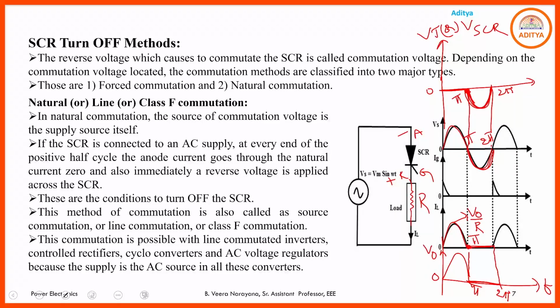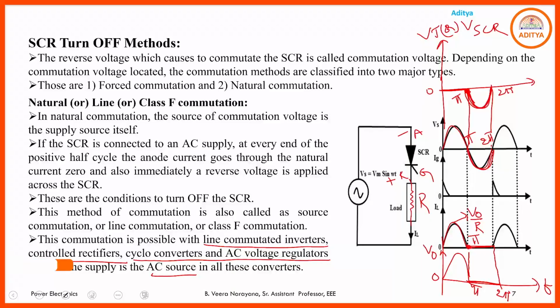This commutation is possible with line commutated inverters, controlled rectifiers, cycloconverters and AC voltage regulators, because those converters are energized by the AC source.